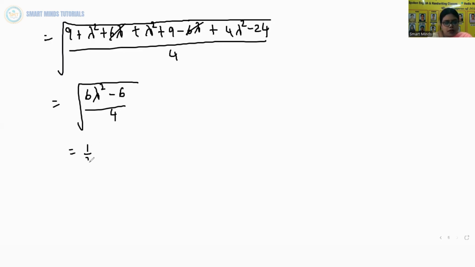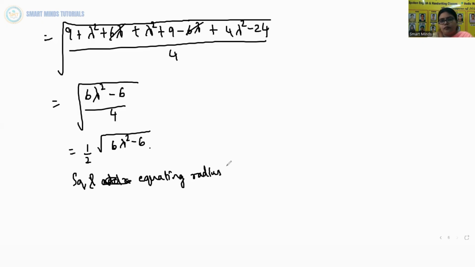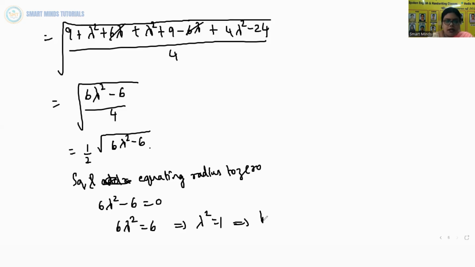So that is 1 by 2 into the square root of 6 lambda square minus 6. Now we equate the radius to 0. So you get 6 lambda square minus 6 is equal to 0. So 6 lambda square is equal to 6, lambda square is 1 and lambda is equal to plus or minus 1.